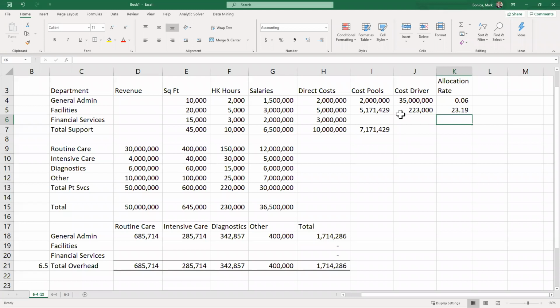Now we can allocate the facilities costs to our profit centers. So routine care gets $23.19 per hour times number of hours, 150,000. Intensive care gets $23.19 per hour times 30,000 hours.